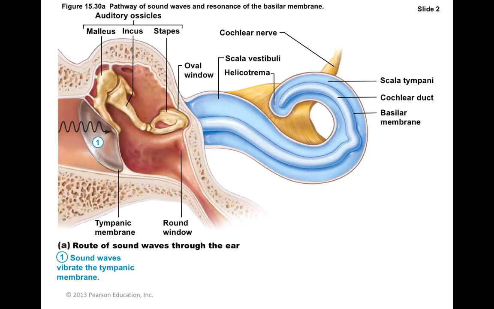So here we can kind of watch this happen. So here's our energy hitting the tympanic membrane, and that's going to allow it to move through the ossicles in sequence. So the malleus, the incus, and then the stapes. The stapes then is going to vibrate against the oval window, creating waves in the perilymph of the scala vestibuli.